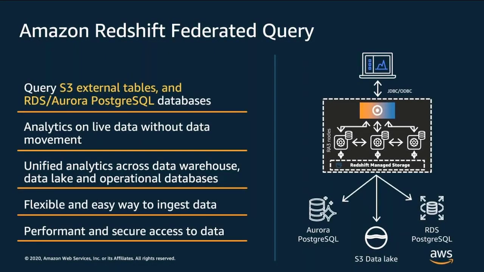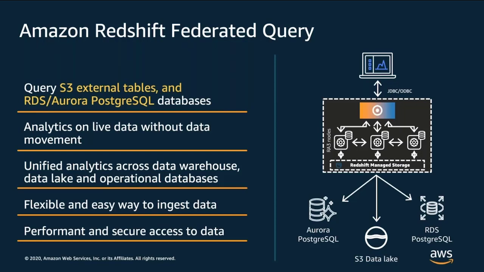Then we've extended the analytics from Redshift into the relational database world. With the federated query capability in Redshift, you can query live data across S3 as well as one or more Amazon RDS or Aurora Postgres databases and get instant visibility into the end-to-end business operations with no data movement.